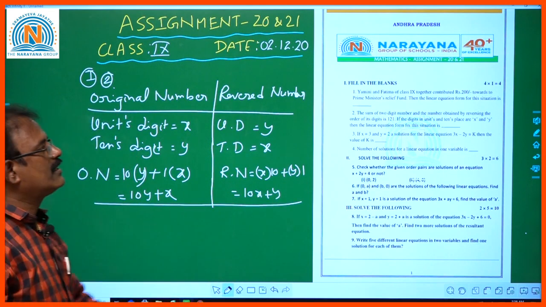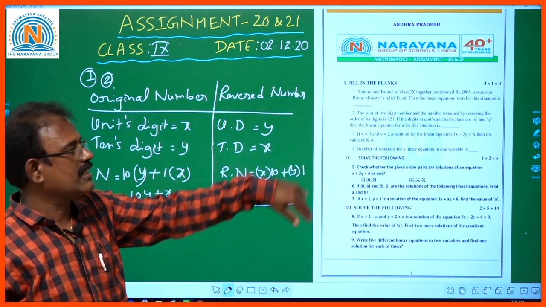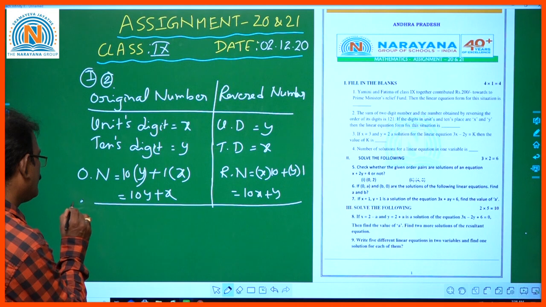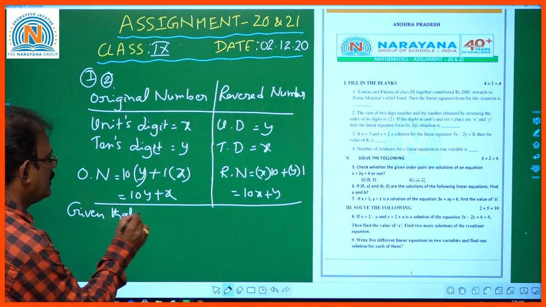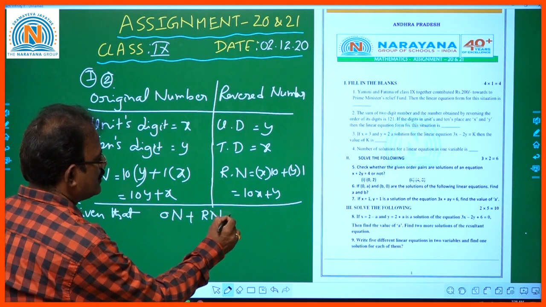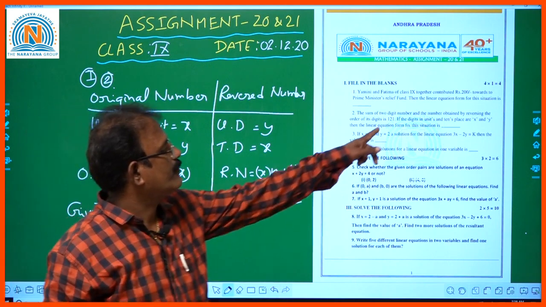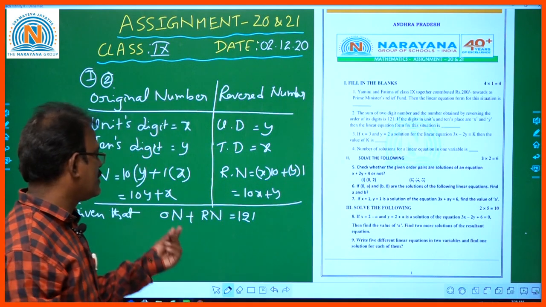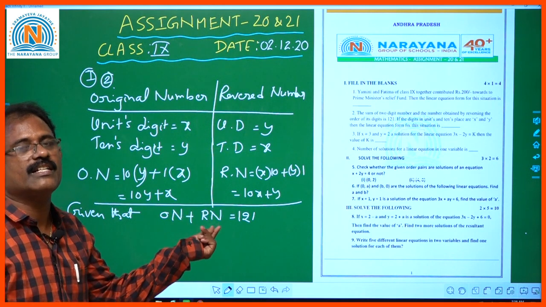So what is given? The sum of the two-digit number and the number obtained by reversing its digits.